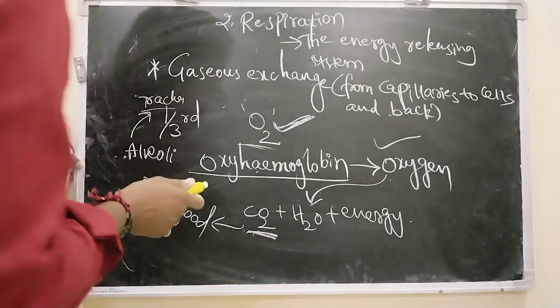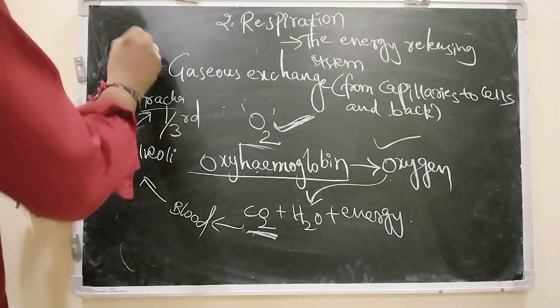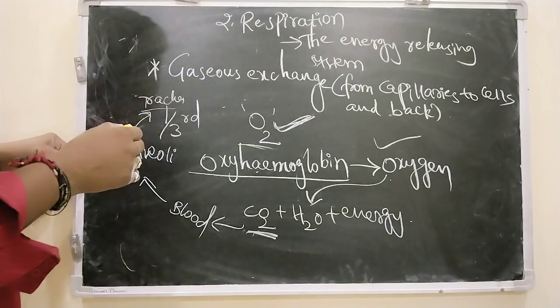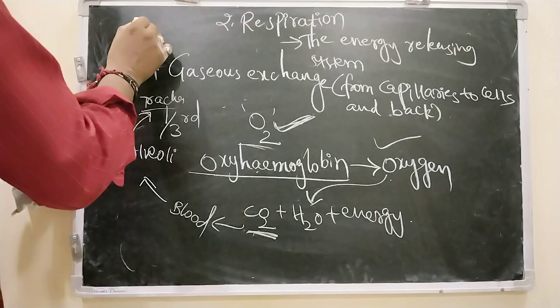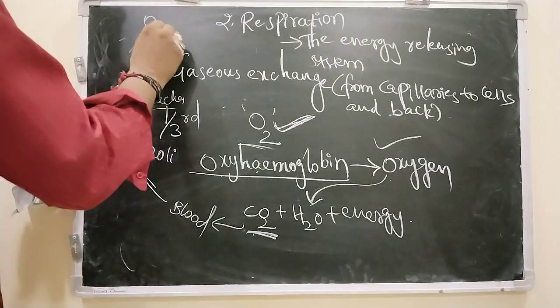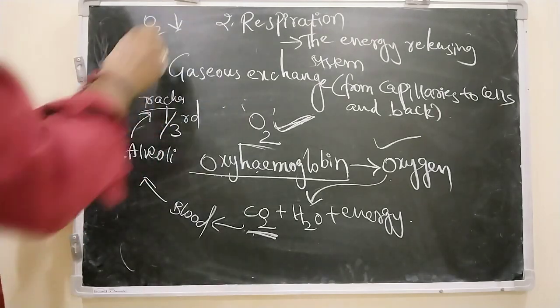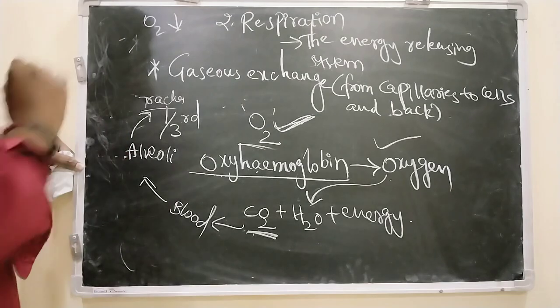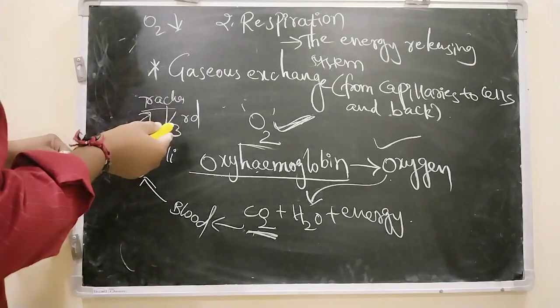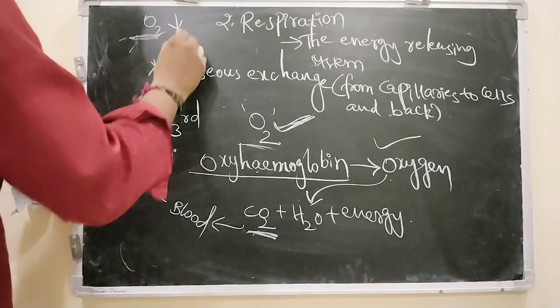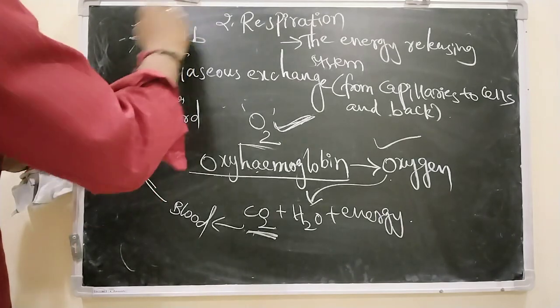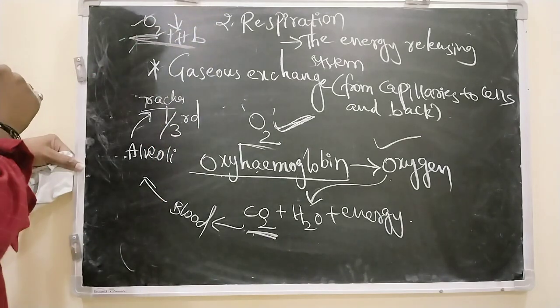Generally, for a mountaineer who is going to the top of the mountain, the oxygen there is very less. As a result, what will happen? Each and every oxygen molecule combines with hemoglobin.